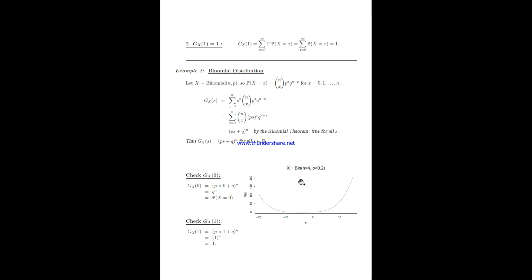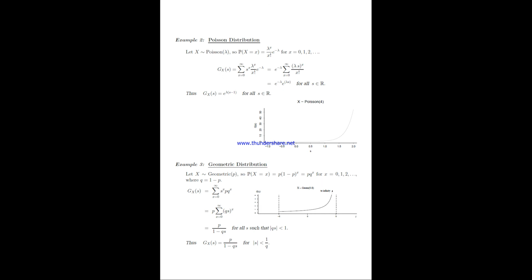In this case, the random variable has a binomial distribution with 4 trials and the probability of success is 0.2. When you calculate the values of the generating function you will get different values, and if you plot them you will see this kind of shape.